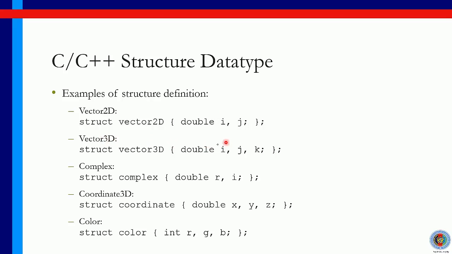Vector 3D, double i, j, k. Complex, real and imaginary, r, i. Coordinate 3D, double x, y, z. And color, also part of engineering work. We can give the components of RGB. This is just very few examples of structures that we can make for our use in engineering calculation.